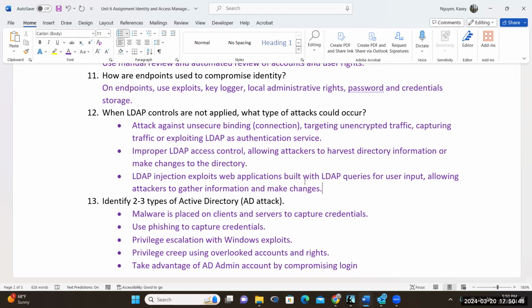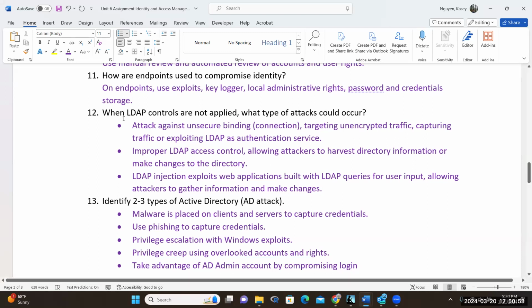If you don't use this form of control for access, this is when the attack against unsecure binding could happen on LDAP. Basically, unencrypted traffic can also be used for attack. Capturing traffic or exploiting LDAP as an authentication service, sure. So attacks on LDAP happen, okay?